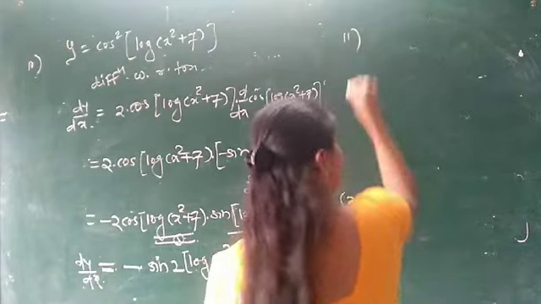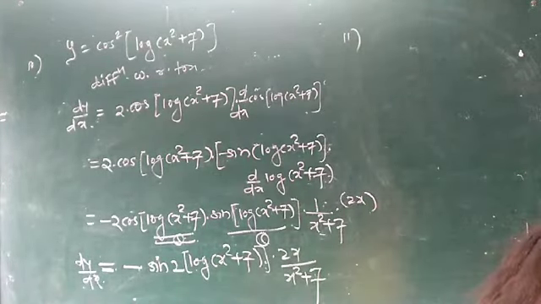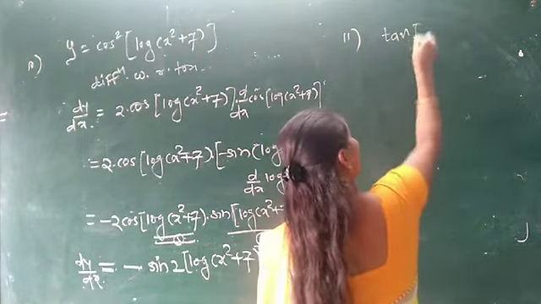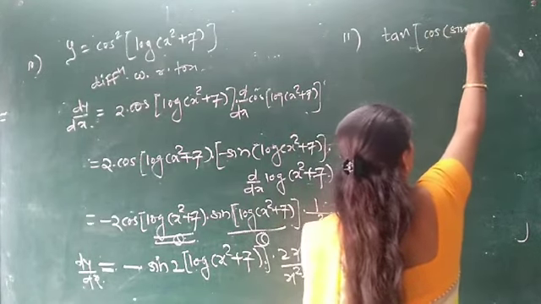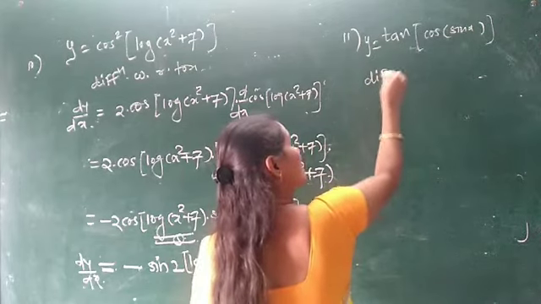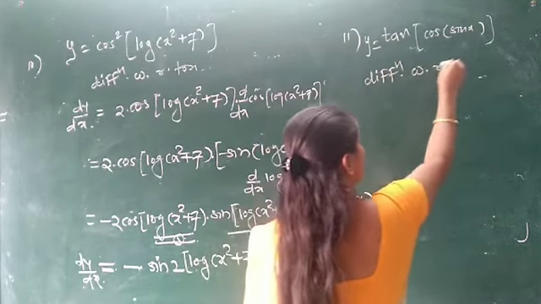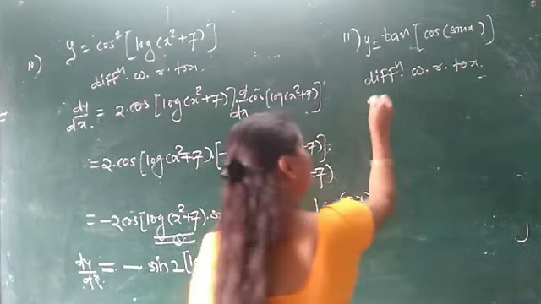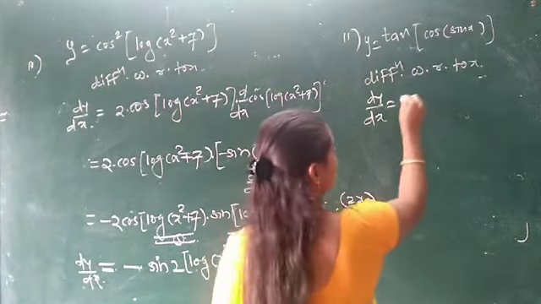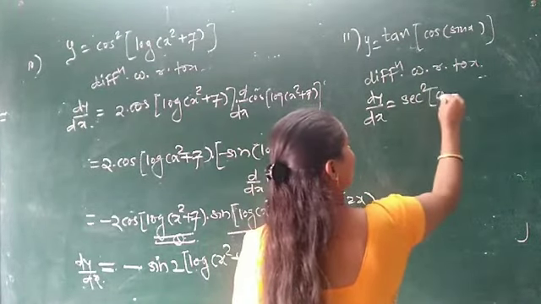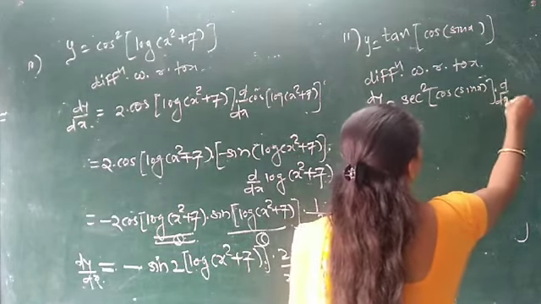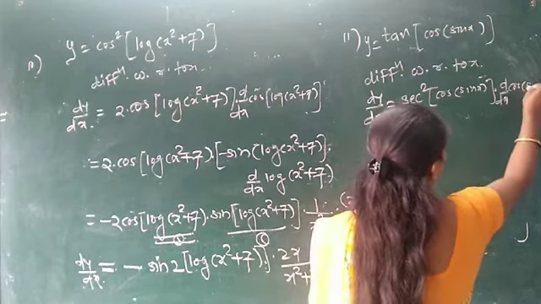Example number 11. y is equal to tan of cos of sin x. Differentiate with respect to x. That is dy upon dx is equal to the derivative of tan theta, which is sec square of cos of sin x into the derivative of which term? Cos of sin x.